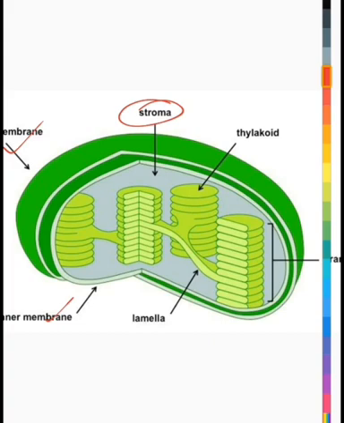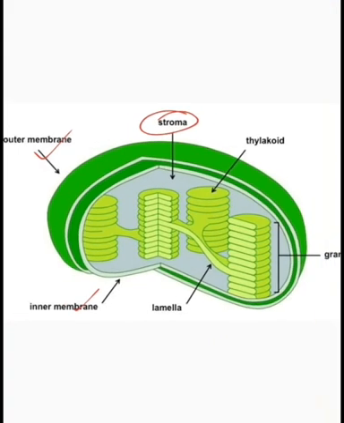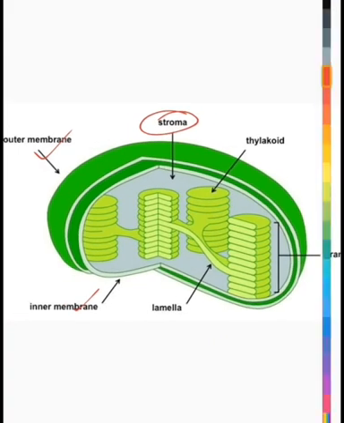Here also in the structure of chloroplast, the stroma or matrix is a transparent, clear and homogeneous structure which is present inside the inner membrane. It contains about 50% of chloroplast proteins, ribosomes, DNA, RNA, vitamin E, K and other types of ions.